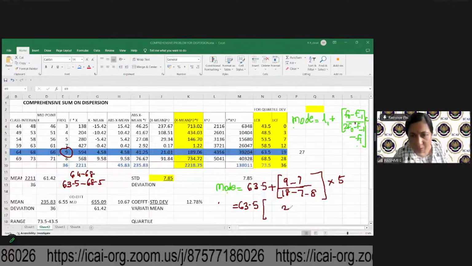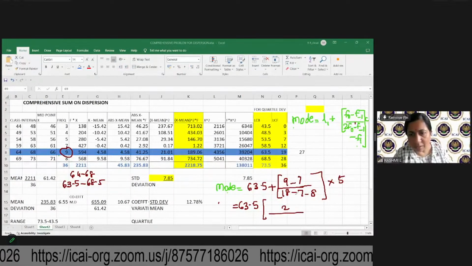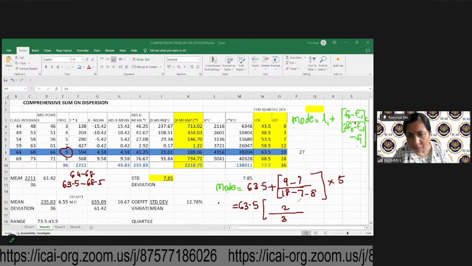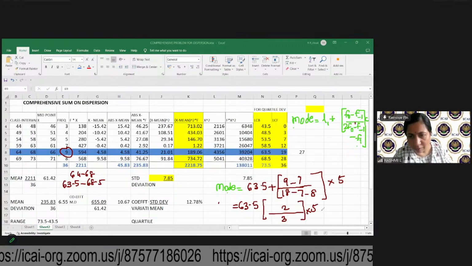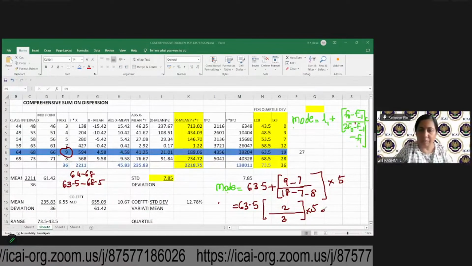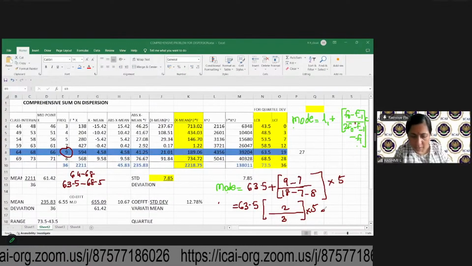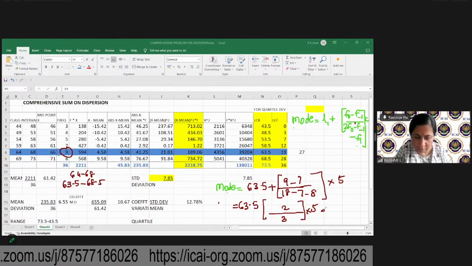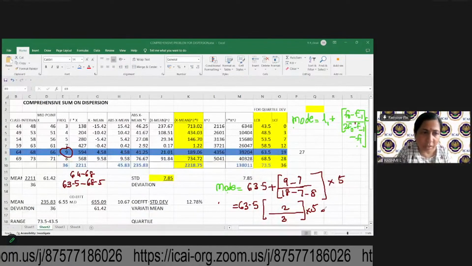9 minus 7 is 2, divided by, this is 15. 15 minus 18 is 3, into 5. So how much is this? 10 upon 3. Yes, Guru Prasad. 63.5.